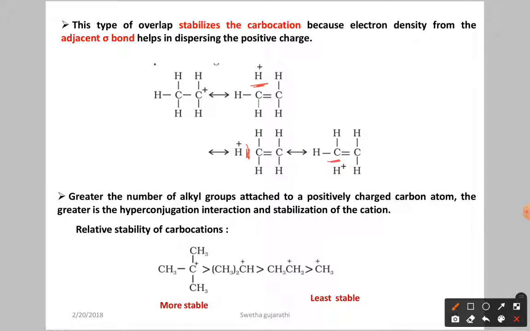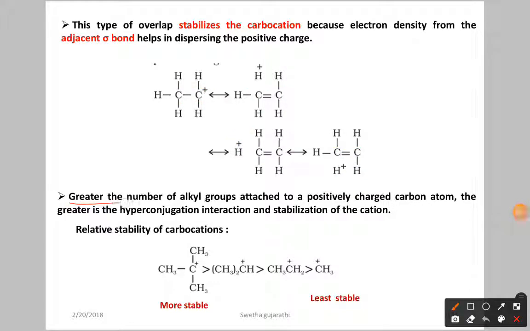Simply, while shifting the electrons, you are going to get the negative and positive charges, you are going to write the double bond in between these two, and you are going to write the H plus on each hydrogen atom. So that's why it's called no bond resonance.